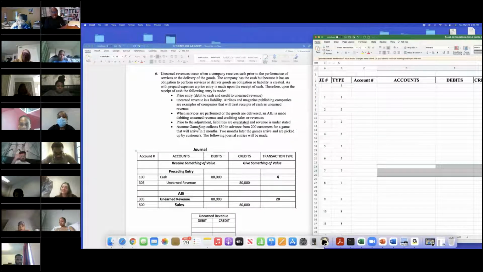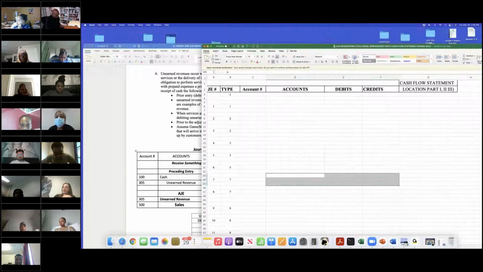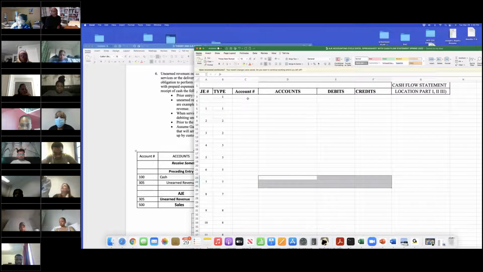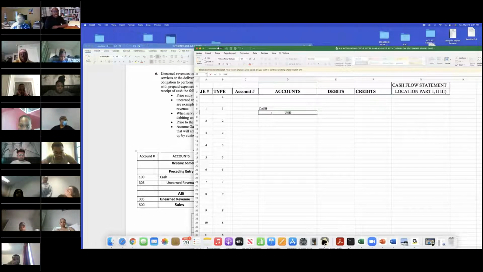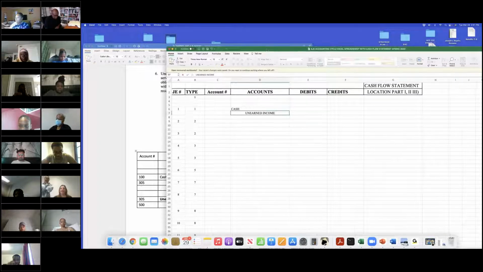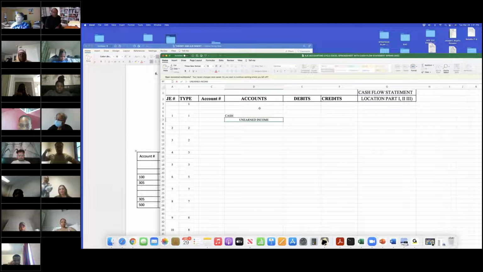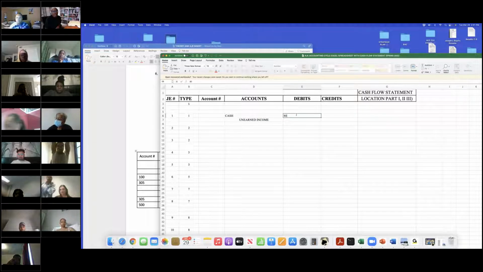So if they collected $50 in advance from 200 customers, we'd come in here and we'd debit cash, and we would credit unearned income. And in this example, it was $80,000. So we debit cash 80,000, and we credited the unearned income 80,000.